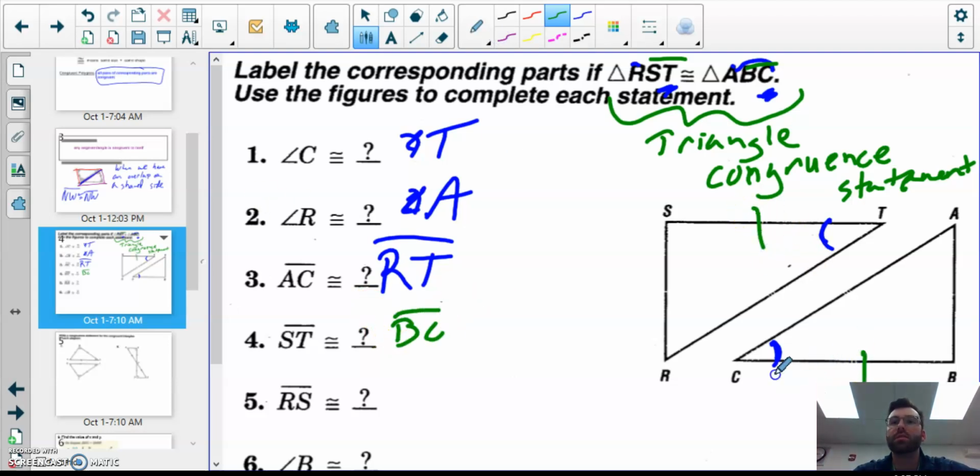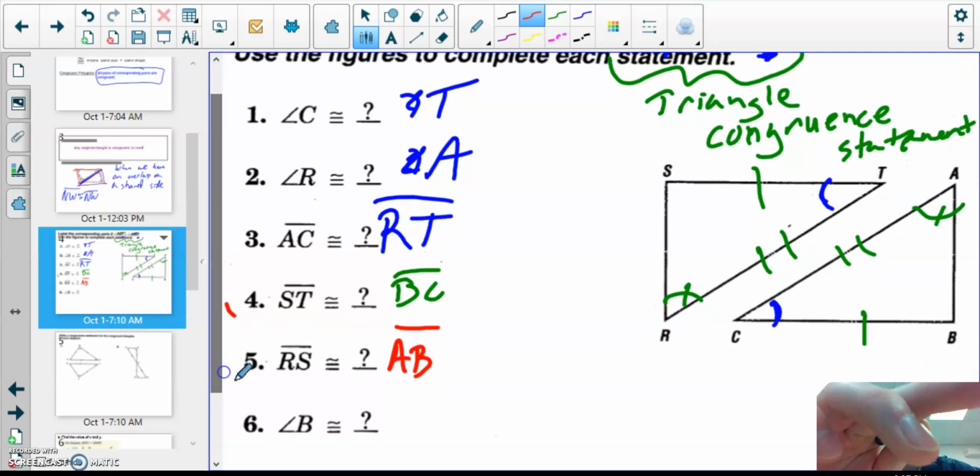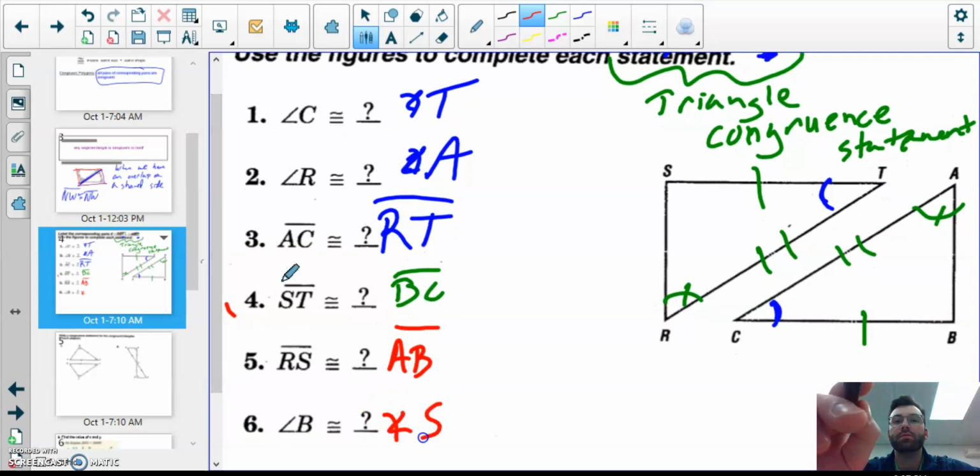ST, BC. What else am I missing? AC and RT, R and A. RS is congruent to AB, first two. And lastly, angle B is congruent to angle S.